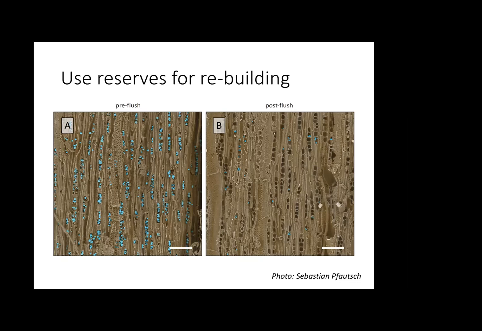So my thought is that to predict the capacity of trees to recover, we do need to think about carbon stores. How much does the plant have in terms of carbon stores, and how much does it need to rebuild?